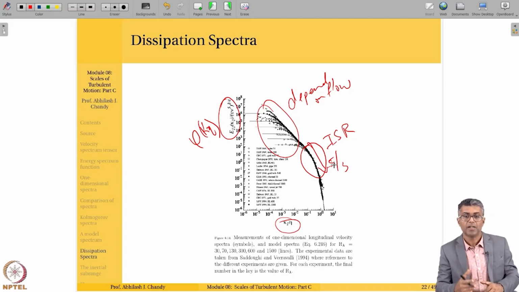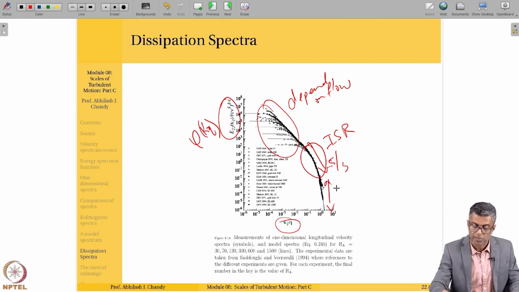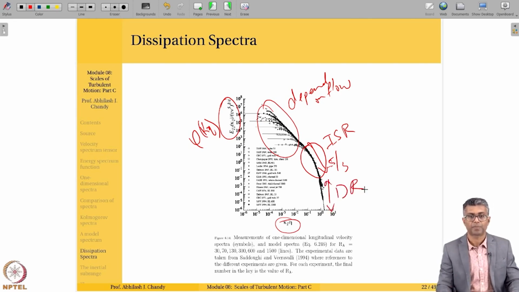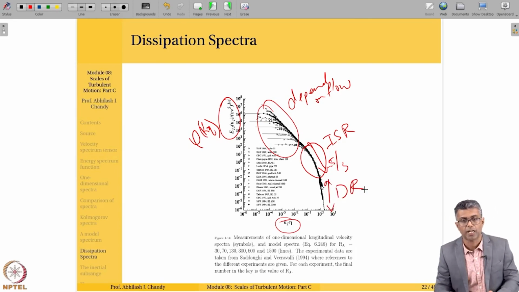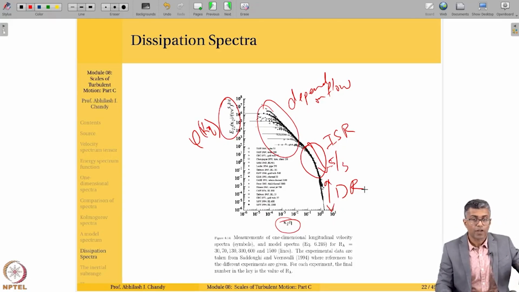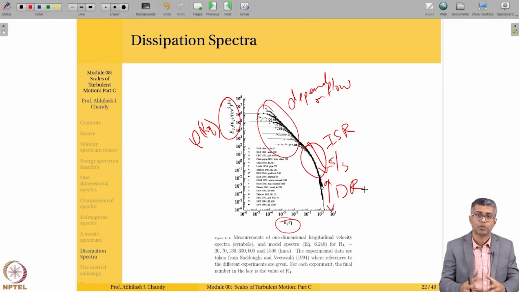That line there represents minus 5/3, and this here is the dissipation range. In the energy containing range, I have different values, and that makes sense, because if you have different Reynolds numbers, different kinds of flows, it depends on the kind of flow you have. It depends on the scale of the problem. It depends on the type of flow. So the energy containing range would be different.